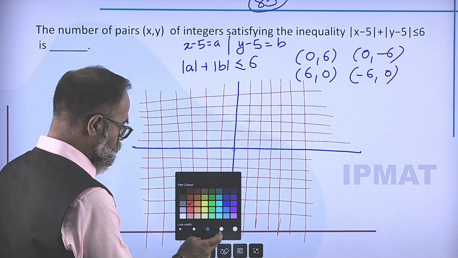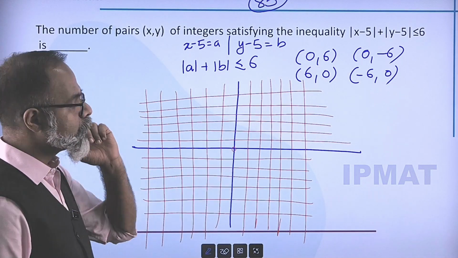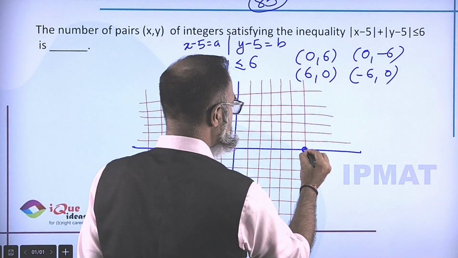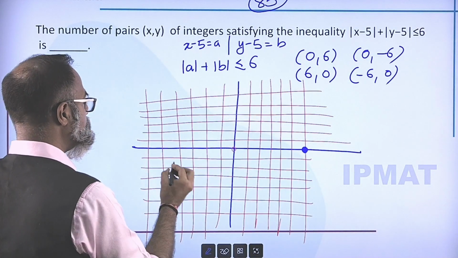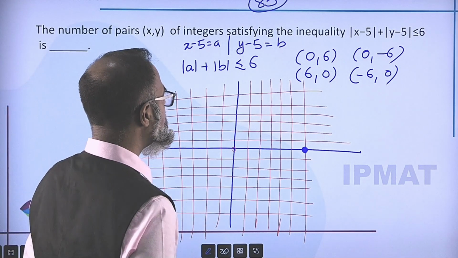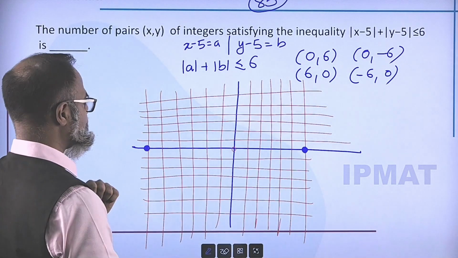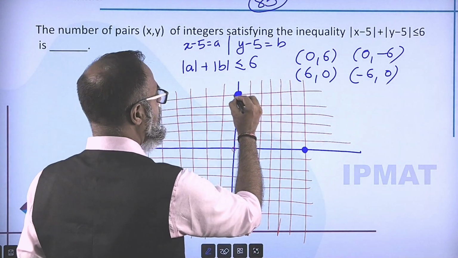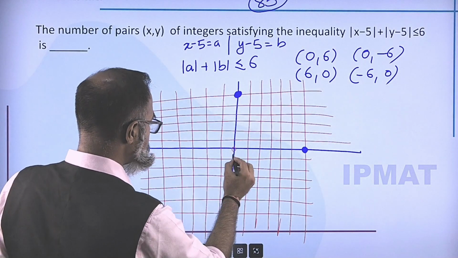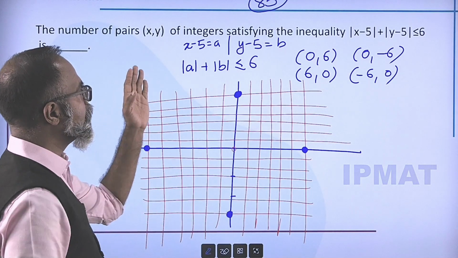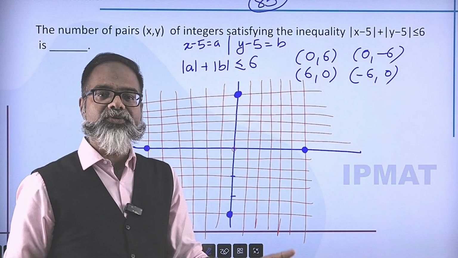Okay. Now what can we do? We first plot the points. So 0 comma 6 is this, 0 comma minus 6 is here, 6 comma 0 and minus 6 comma 0. And because the power is 1, they represent straight lines.